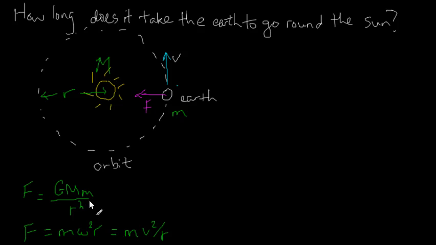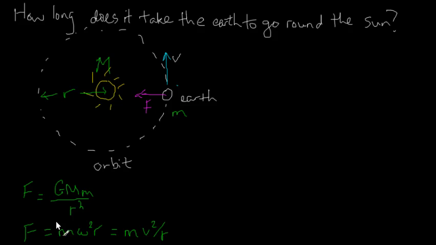So okay, with these two equations, I can relate masses from the sun, for example, to the things here like angular velocity and the radius. But in order to answer this question about how long, about time taken, I need to know the time taken for the Earth to go around once.